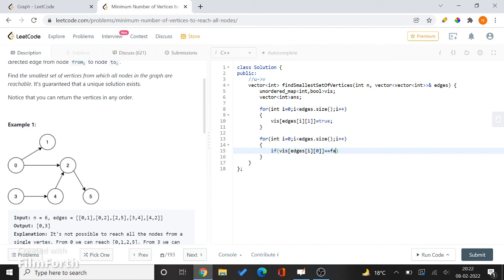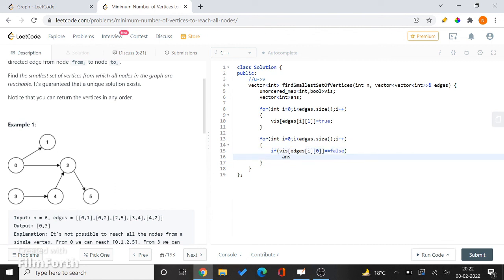The reason I wrote false here is because if it's not present in the map, then by default the value returned will be false, because we have taken bool here. So the default value of any value that we specify in the map will be false. So this means that it is not present.